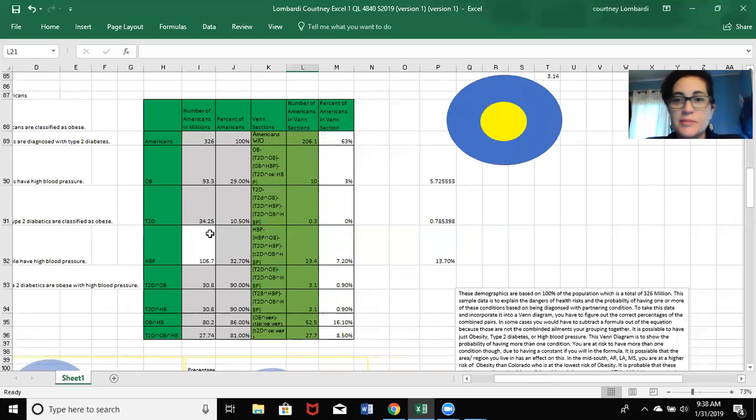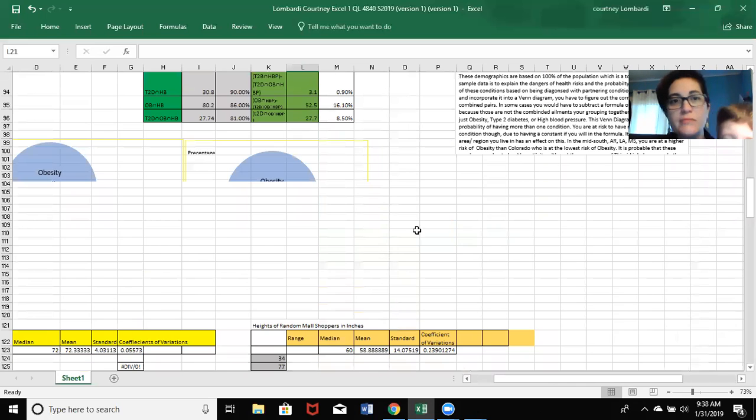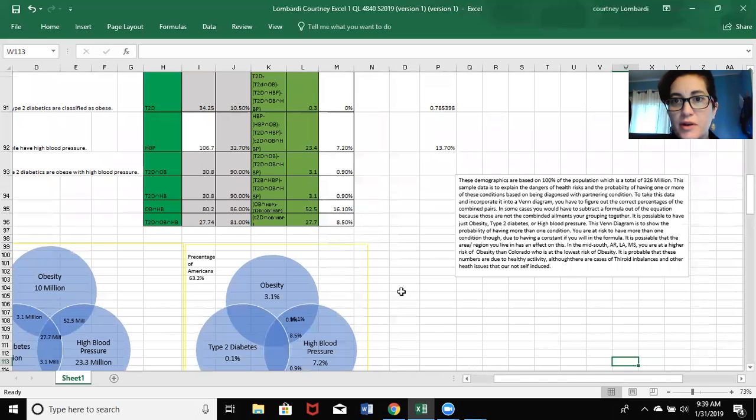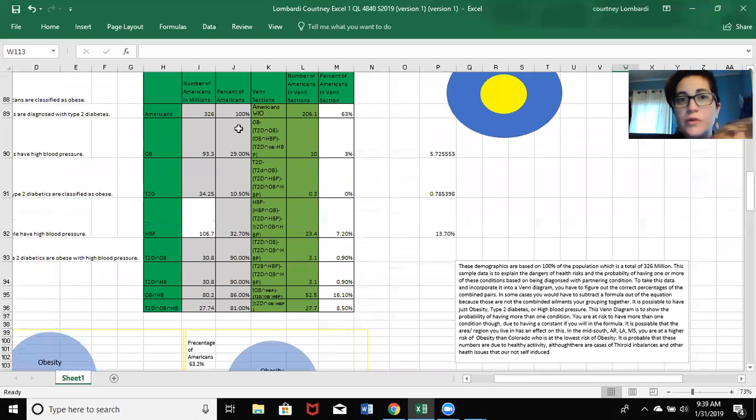This sample data is to explain the dangers of health risk and the probability of having one or more of these conditions based on being diagnosed with a partnering condition. We took this data and put it into a Venn diagram. So you had to take the total of obese, the total of the people with type 2 diabetes, and the people with obesity.